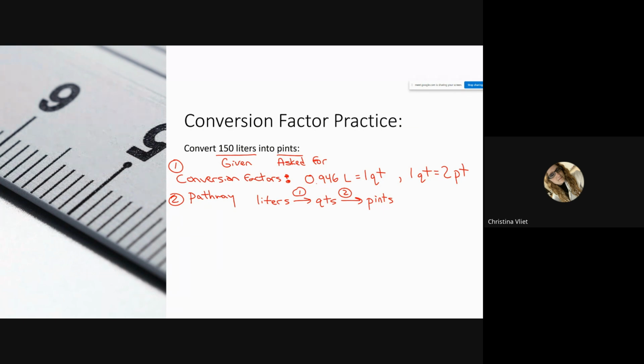Now, before moving forward, step 1 and step 2, which I've outlined here, in the future can be done in your head. You do not have to show me the conversion factors because you'll have this paper in front of you, so you'll be able to pull the conversion factors as needed.